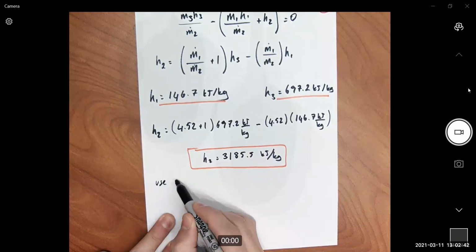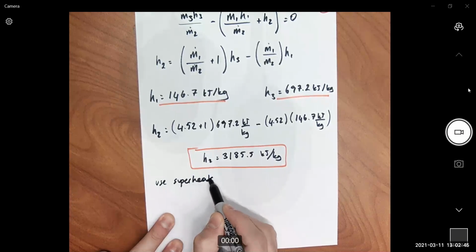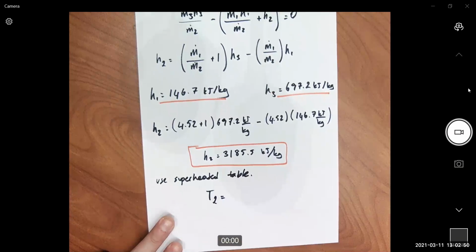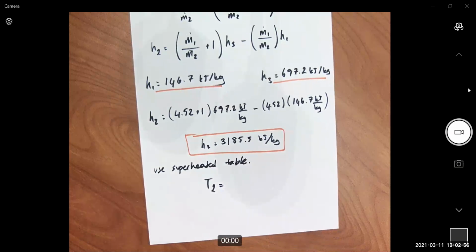So use the superheated table, find the temperature. Do you need to interpolate for it?